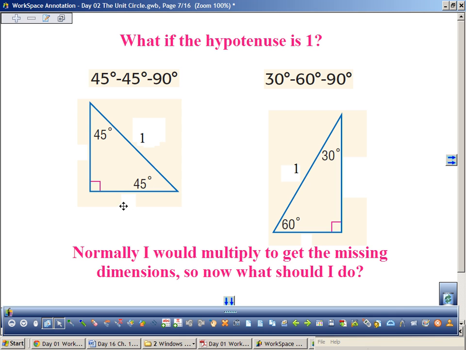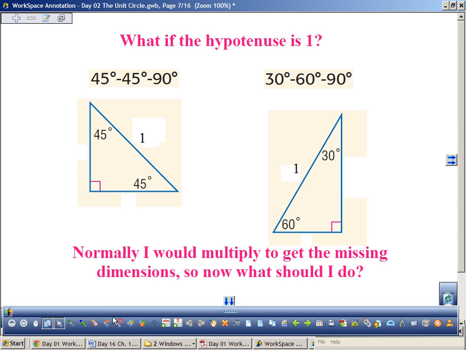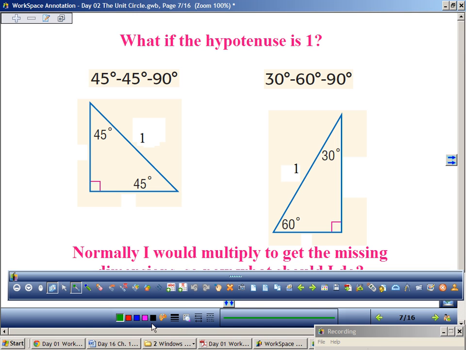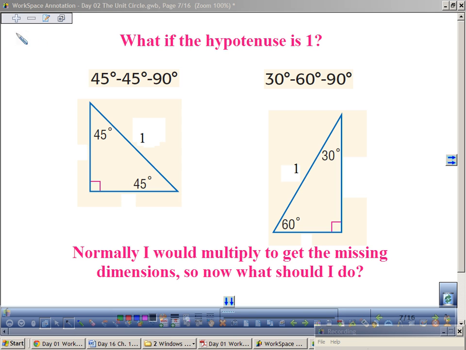So instead of multiplying to get that, what would I need to do? Divide. Let's do the easier one first. Before I had to multiply by root 2 to get here, so what should I do? Divide by root 2. Okay, well, why am I going to do this over here?